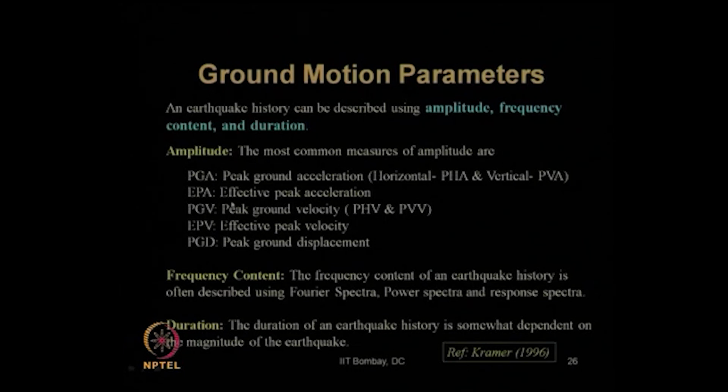EPA is called effective peak acceleration. What is effective peak acceleration? I will give you the definition very soon. It means not only one single peak will decide your earthquake nature.